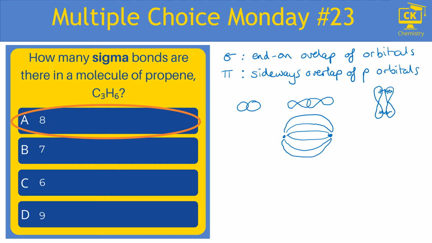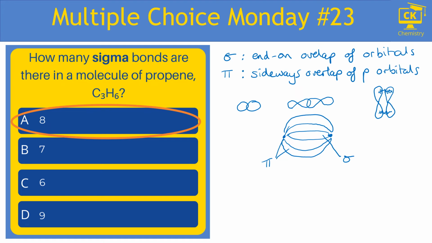So we should be able to draw a pi bond showing its parts, with this one being the central orbital, which is a sigma bond, and then both of these areas of electron density being my pi bond.